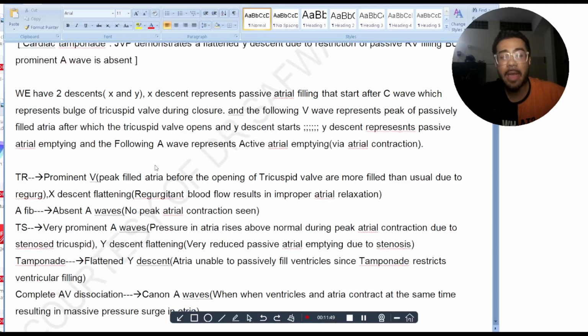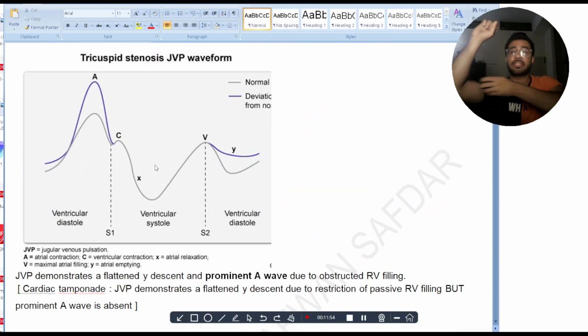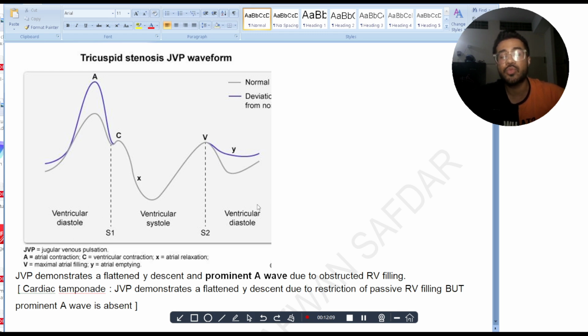AFib, what's going to happen in AFib? As you know, what happens in AFib is there is no uniform contraction of the atria. So all the parts of the JVP waveform where the atria are contracting would become abnormal. That is the ventricular diastole parts that denote that the atria are contracting.